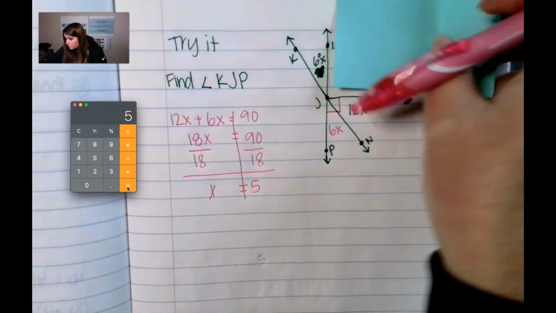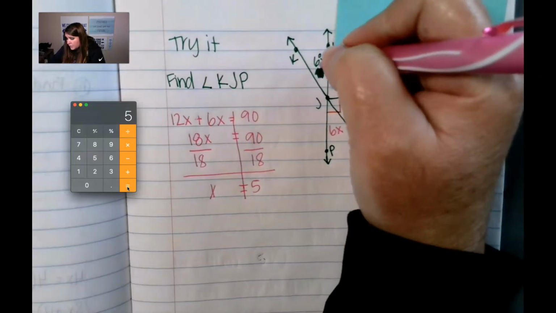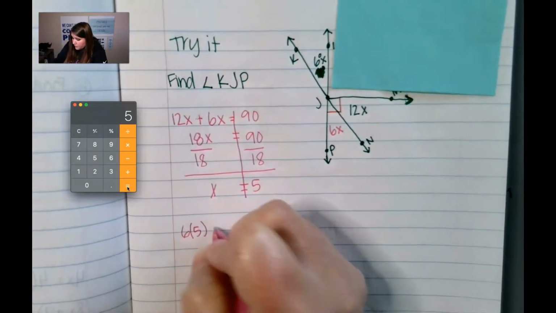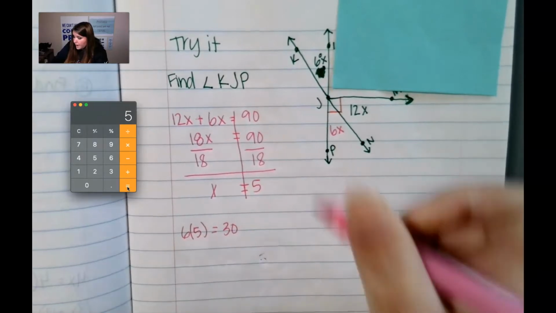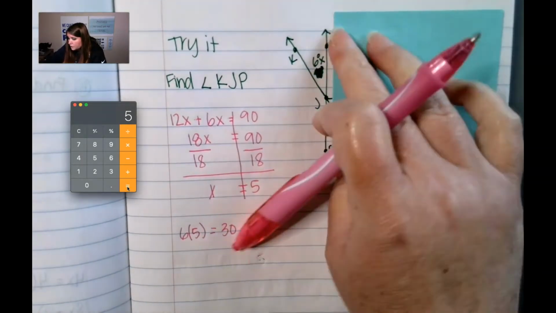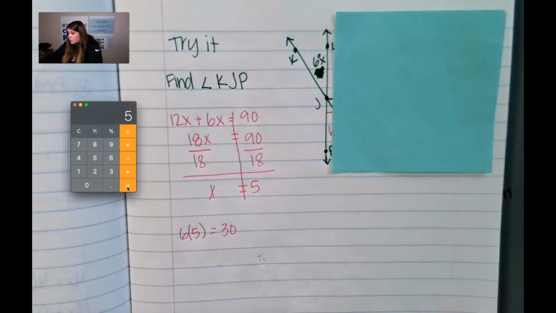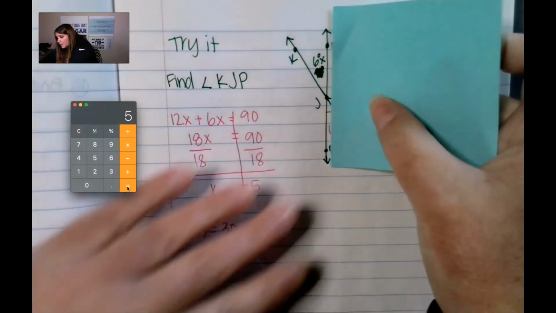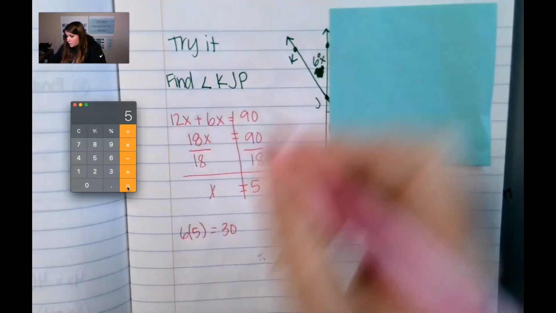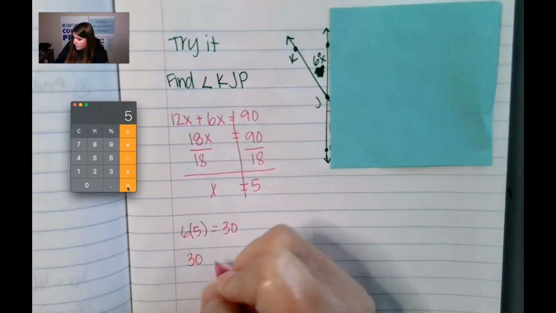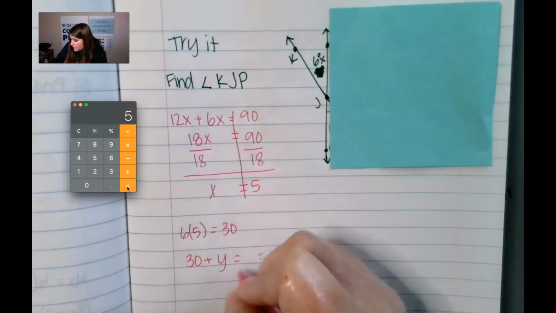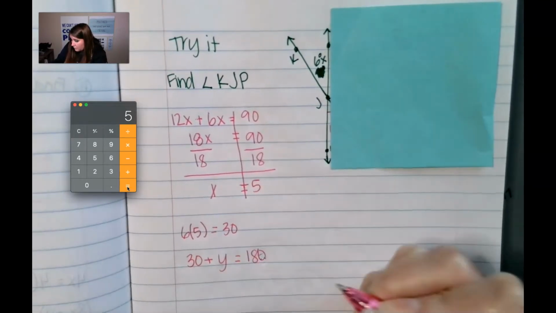Okay, so this over here, 6 times x, so 6 times 5 equals 30. And I know that on this side over here, this equals 180 degrees, right? So this straight line is 180. And I'm solving for a straight line. So if I have 30 plus some unknown, it's going to equal 180.